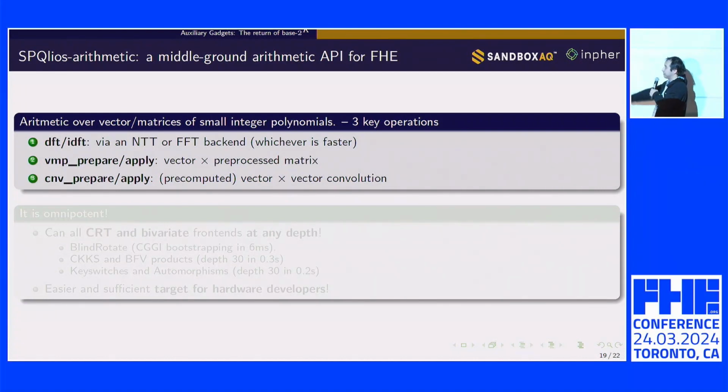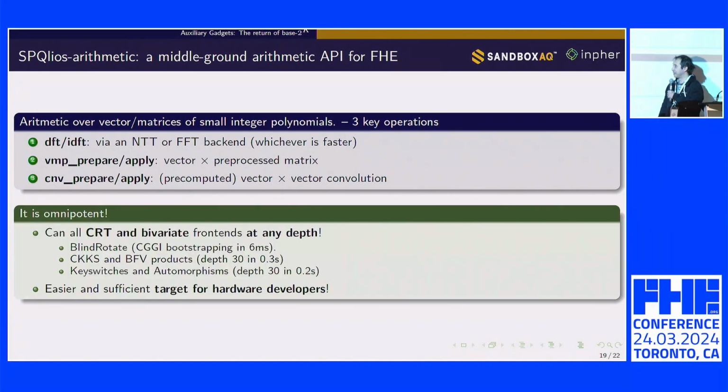And basically, if we have these three operations, we have a library that is omnipotent. We can power efficiently any CRT and bivariate front-end for any depth and achieve blind rotate, products, key switches, everything very efficiently. So I'd say this API looks to me like a sufficient target for hardware developers. Much easier than a full-fledged CRT RNS API.